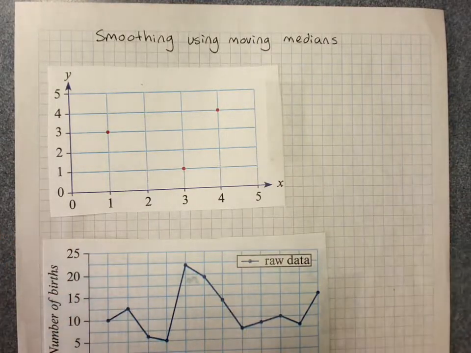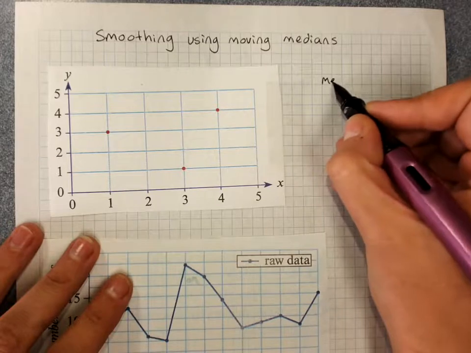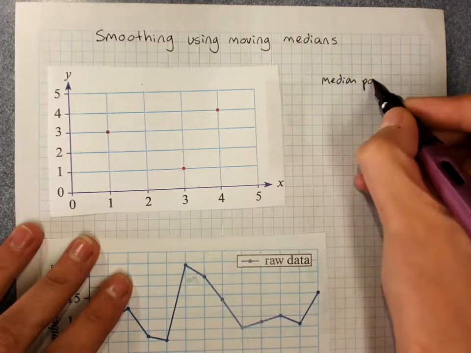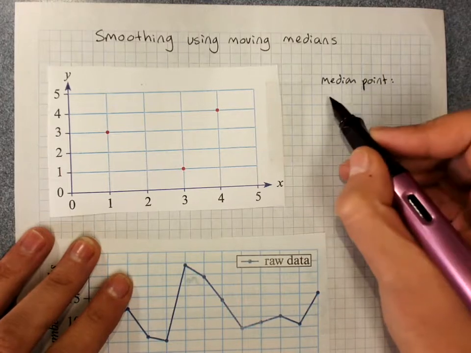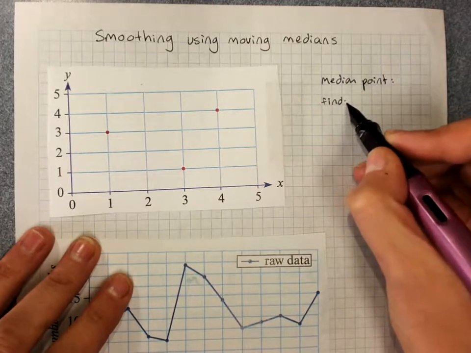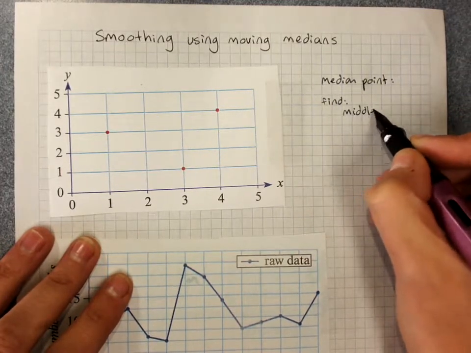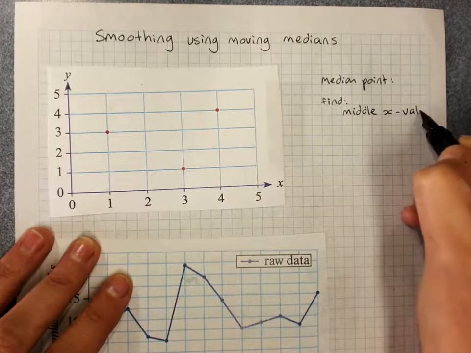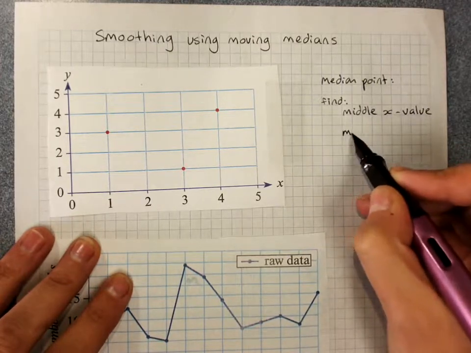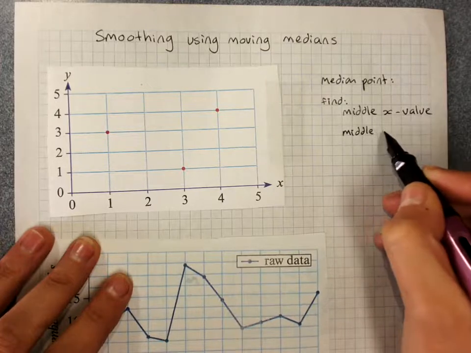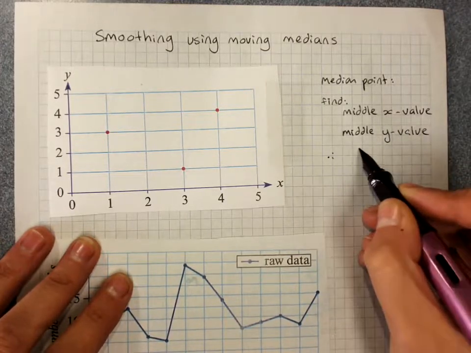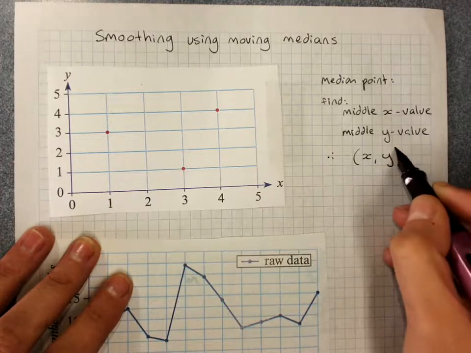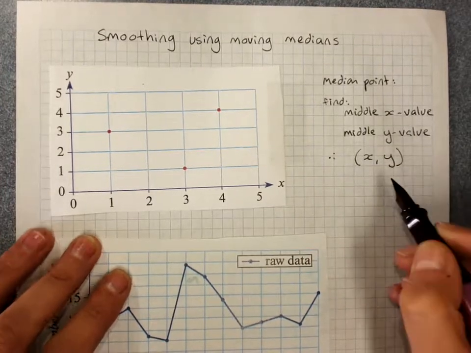And you do that, I'll just write median point. You find the middle x value and the middle y value, and this gives you the x, y coordinates for the middle point.